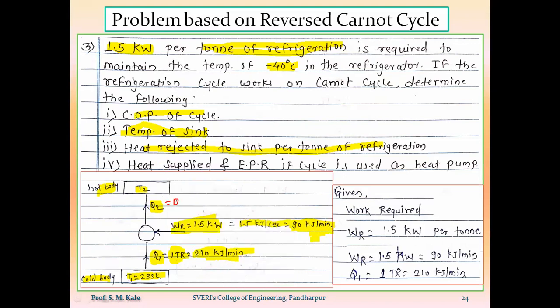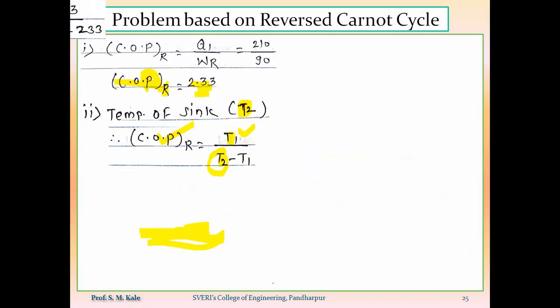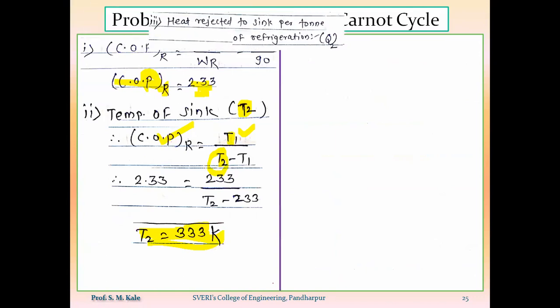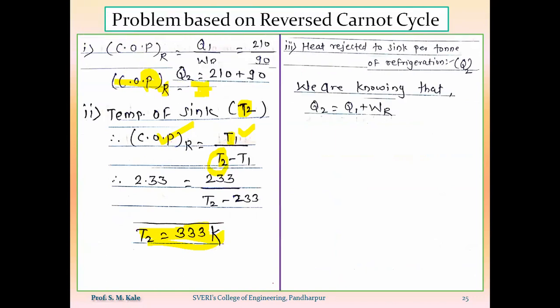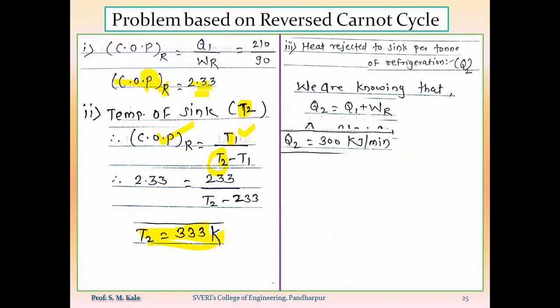The value of Q1 is 210, and the value of work done is 90 kilojoule per minute. So the value of Q2 will be equal to Q1 plus W, that is nothing but 300 kilojoule per minute. So this is the answer to your third question.